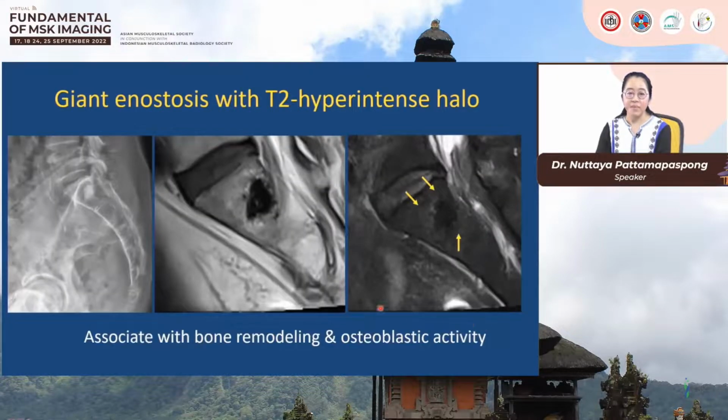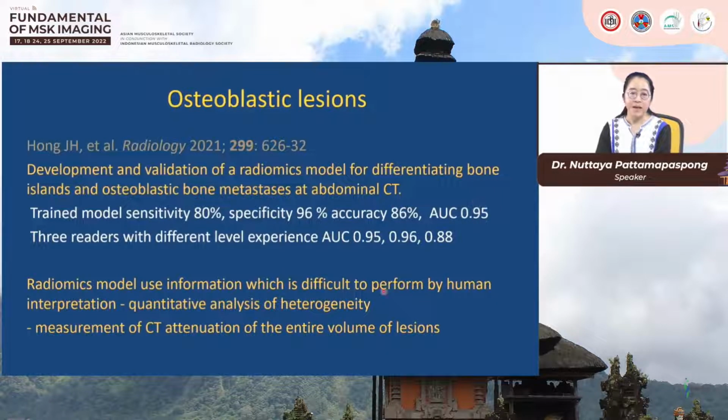And this is an example of a typical lesion with spiculated border, low signal intensity on both T1 and T2 weighted images, and showing a little bit of edema around the lesion. Because of this difficulty, there is an effort to use a radiomic model to differentiate bone island or enostosis from osteoblastic metastasis.